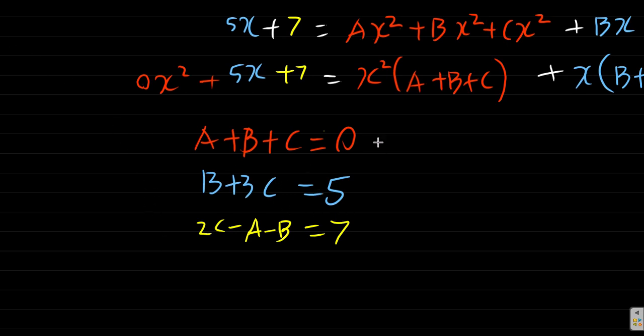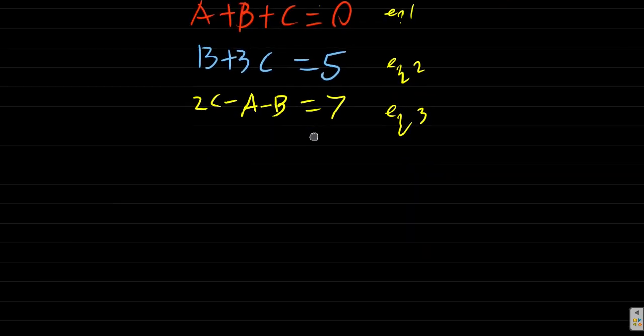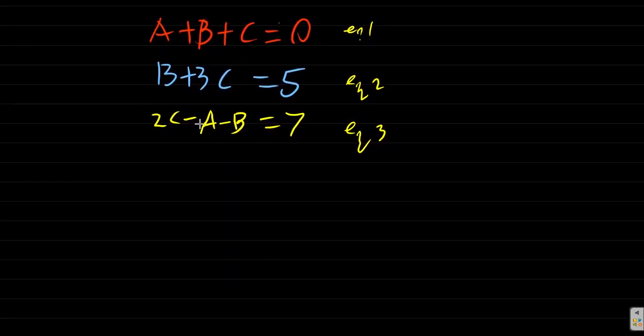Suppose we have this as equation 1, equation 2, equation 3. We can use what they call the Gaussian elimination method to work this out. Suppose we multiply equation 1 by 3.